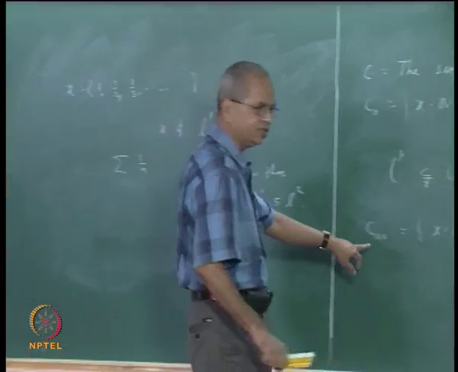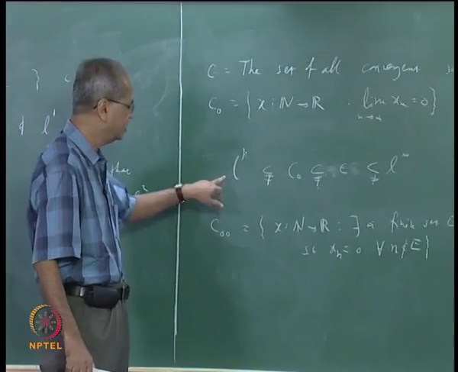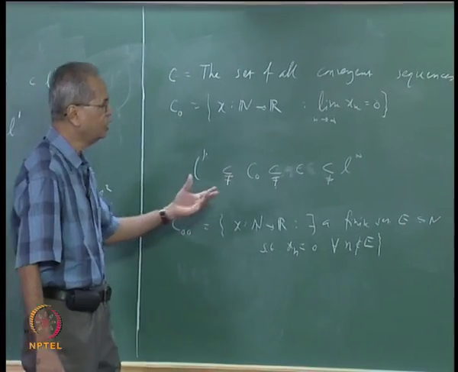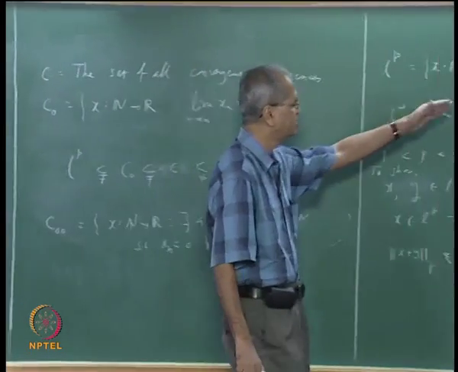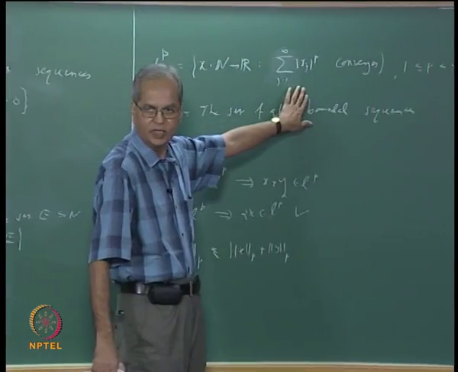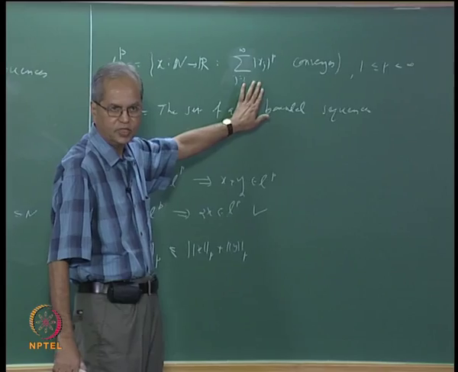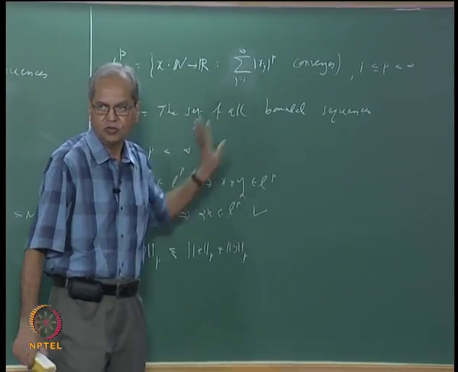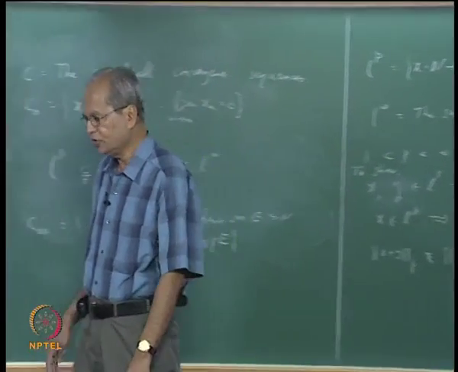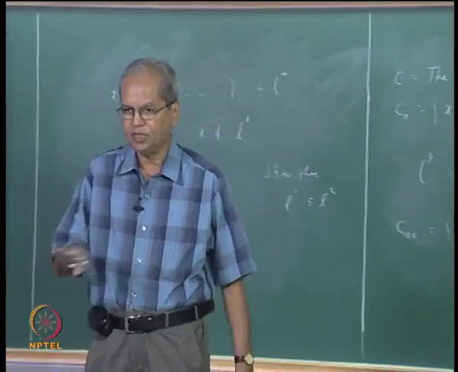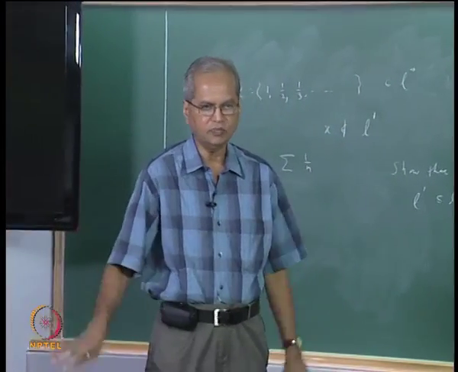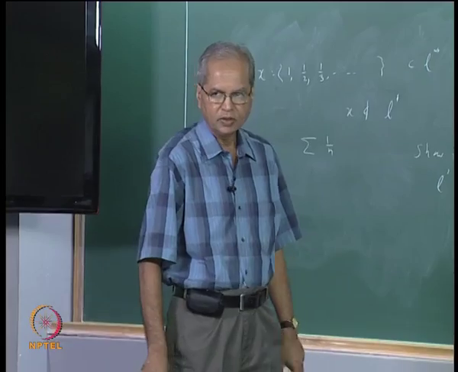C0 naught is contained in every LP, because only finitely many of these terms are going to be non-zero, everything else is 0. Of course which finite number of terms may depend on the sequence; for a different sequence it may be a different set.